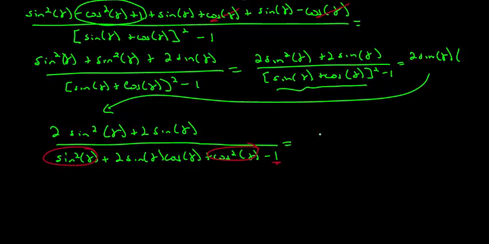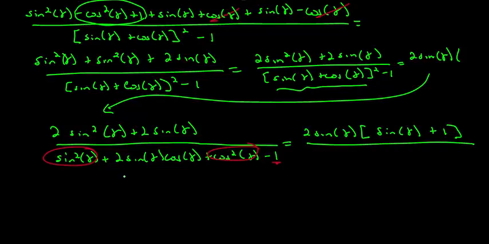But if you look here, I've got a sine squared and a cosine squared, so that's equal to 1. And then I'm subtracting off 1, so those are going to disappear. So what have I got? Well, on the top, guys, I can factor out a 2 sine gamma, and I'm left with sine gamma plus 1. And on the bottom, I've got 2 sine gamma times cosine gamma.